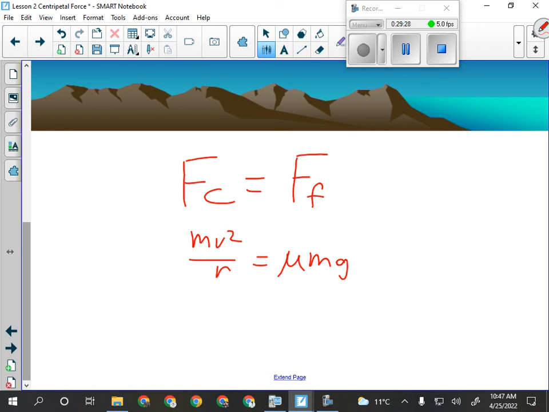Okay, which means I could solve for any one of those parts provided I was given the others. What number do I not need? Yeah, I don't need mass. Okay, because mass is on both sides, it becomes irrelevant.